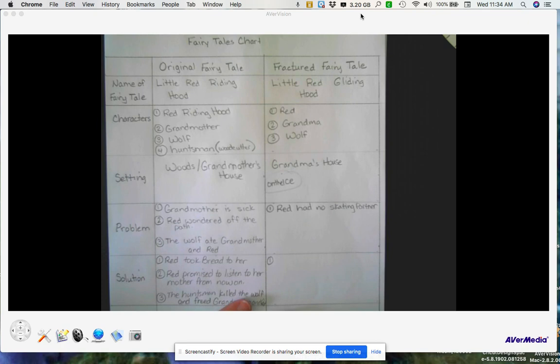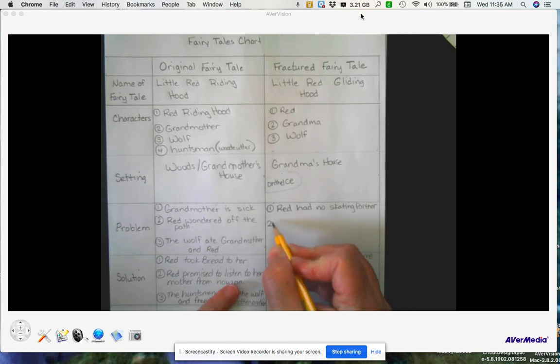What was the solution? She asked everybody, and everybody had an excuse except for the wolf. So Red and the wolf became partners. So now she had somebody to skate in the competition with.